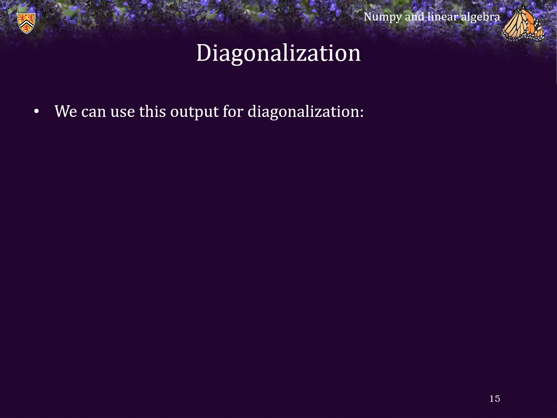Now, we can also use the output of the eig function for diagonalization if the matrix is diagonalizable. For example, the matrix B is symmetric and therefore diagonalizable, and we can assign the result of eig to the variable eig_b. This is a tuple containing two entries, the first of which is a vector.